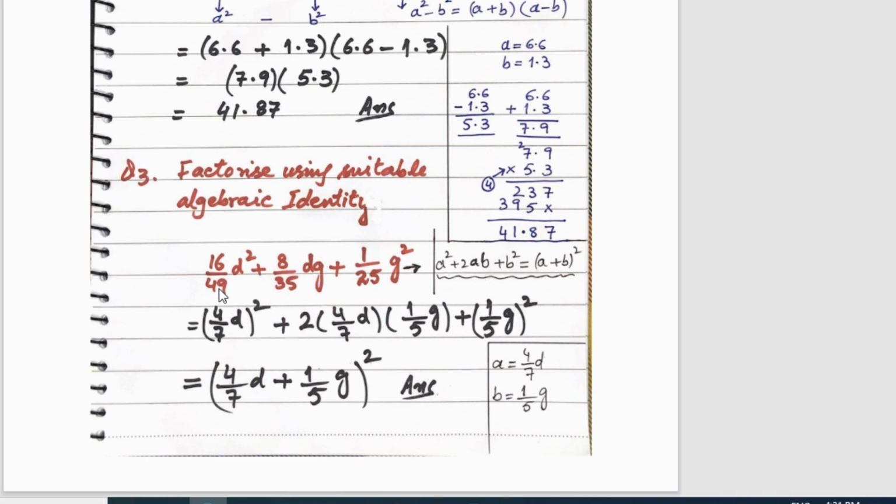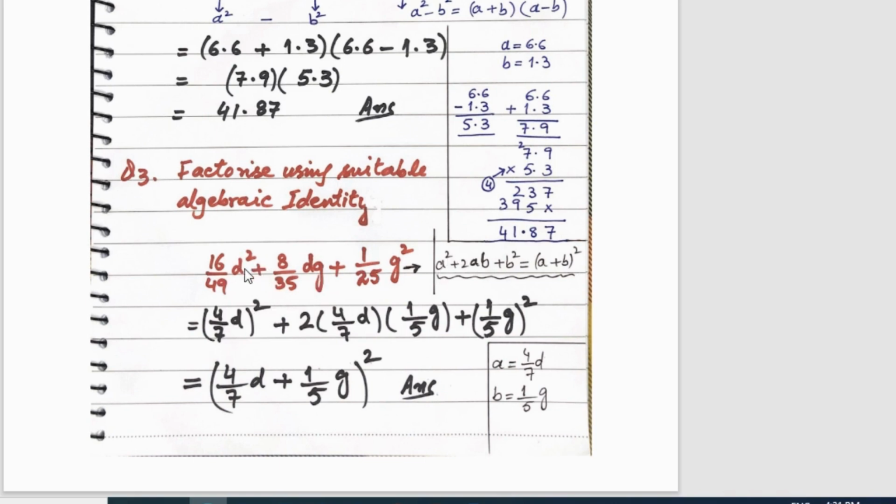This is the expression 16 over 49. It's very clear now. 16 is the square of 4. When we take 4 square, it means 16. 4 multiplied by 4 is 16. When we take 7 square, it means 7 multiplied by 7. It's 49, right? d is already in the form of a square. If we write 16 and 49 as 4 over 7d whole square, then it would be a square, right?